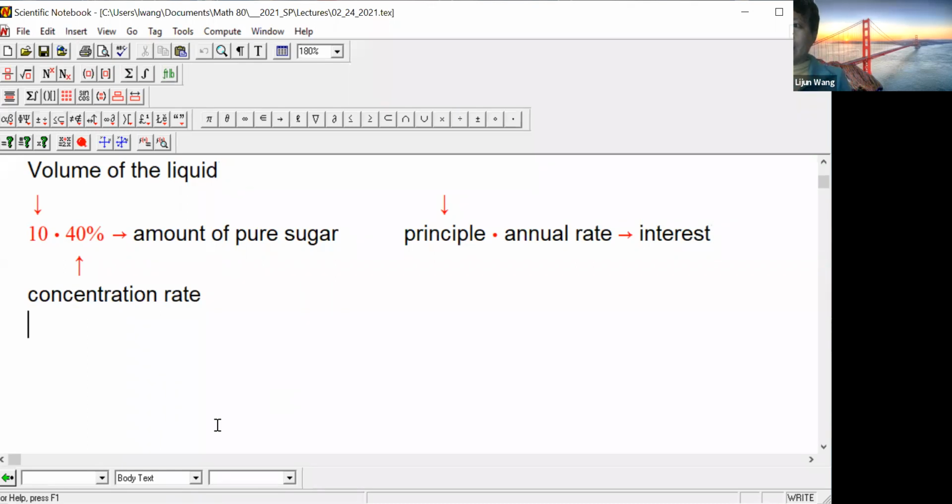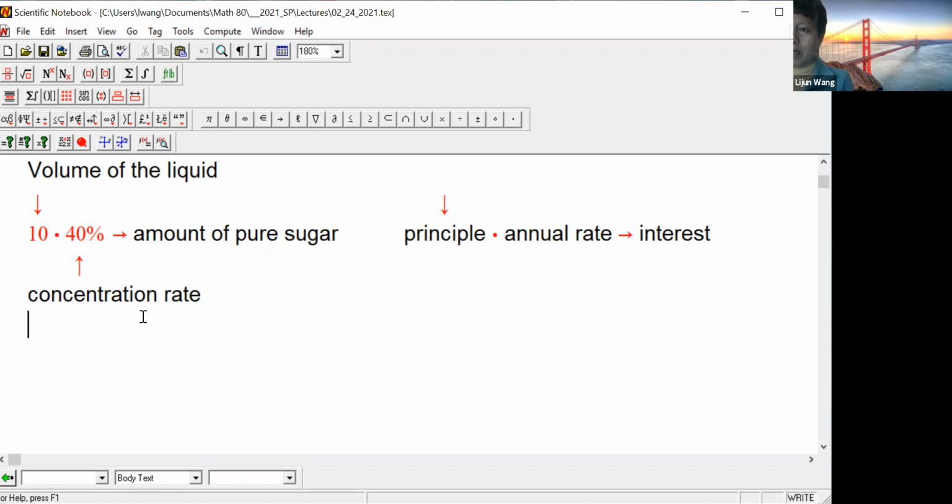Now, if I want to know how much pure sugar is in the 10 gallons of 40% juice, I would just take 10 gallons multiplied by 40%, right?